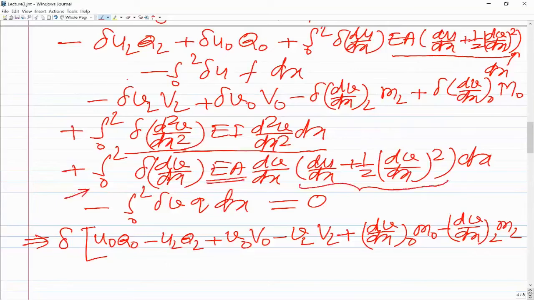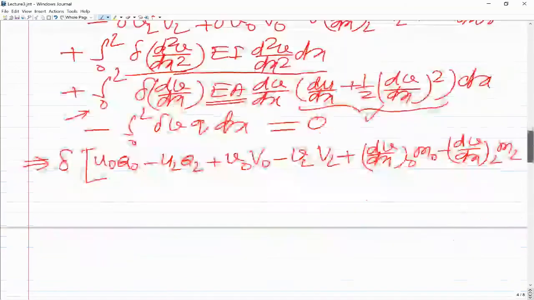So in both these terms, if you take this EA into du by dx plus half of dv by dx whole square as common, then the other term you get is delta of du by dx plus dv by dx into delta of dv by dx. That you will see is nothing but delta of du by dx plus half of dv by dx whole square. And so then you can take the delta common.